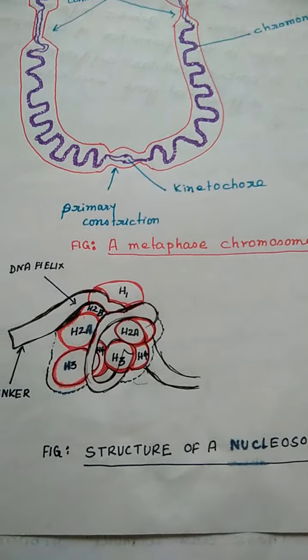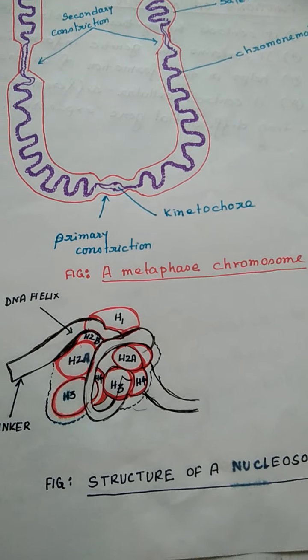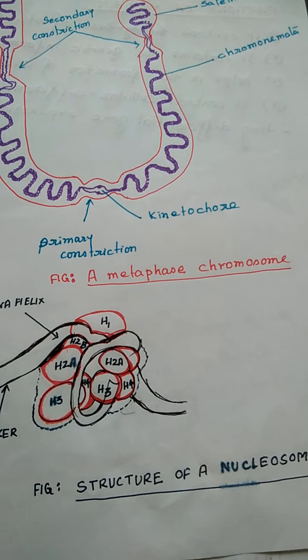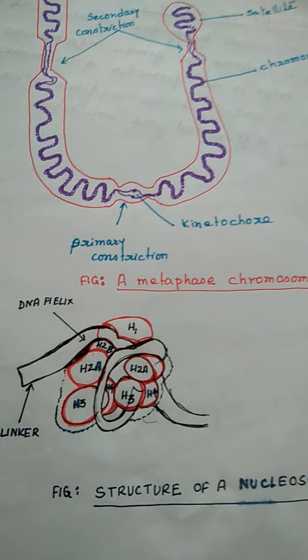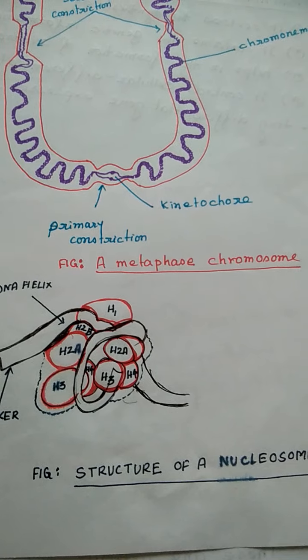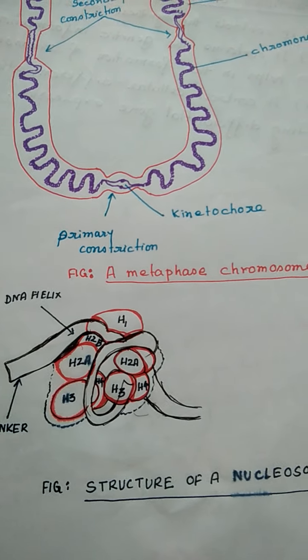Okay. In the electron microscope, the structure shows that the chromatin fiber is formed of a chain of repeated units called nucleosomes. And what are these nucleosomes? Each nucleosome is formed of a core complex. This one is known as the core complex. Okay.